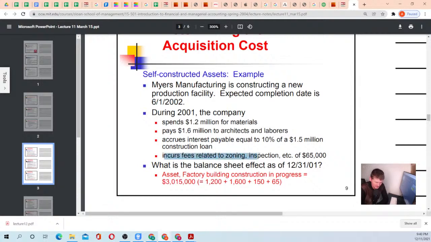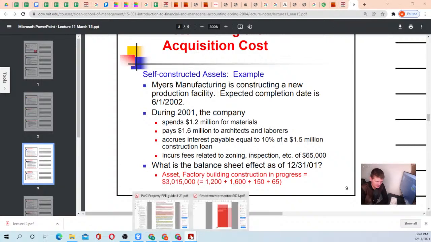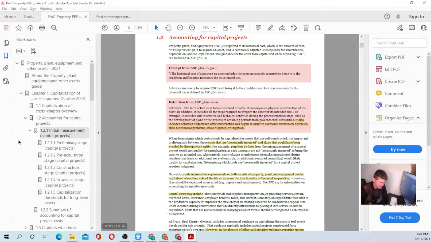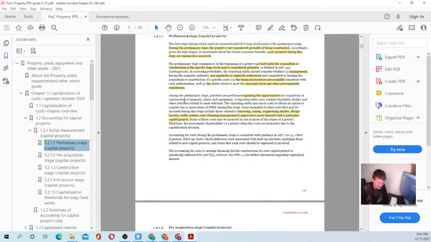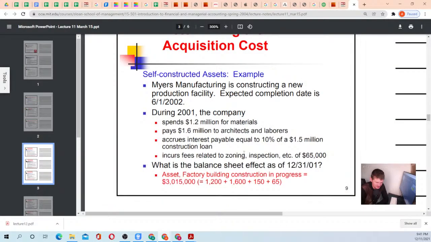Fees related to zoning, inspection, etc. This will depend on the stage of the project. If we are not in preliminary stage, so we need to consult guidance about that. If we are not in preliminary stage, we will capitalize those. If we are in preliminary stage and we haven't decided on the project yet, but we incur these fees, we cannot capitalize them.